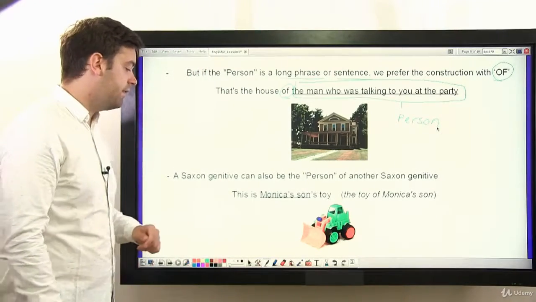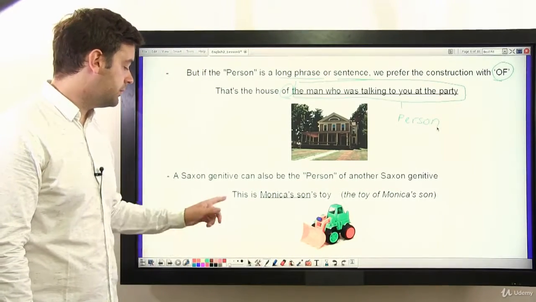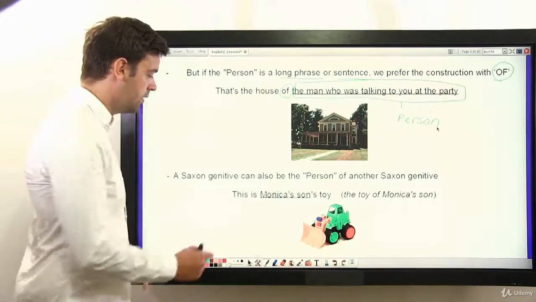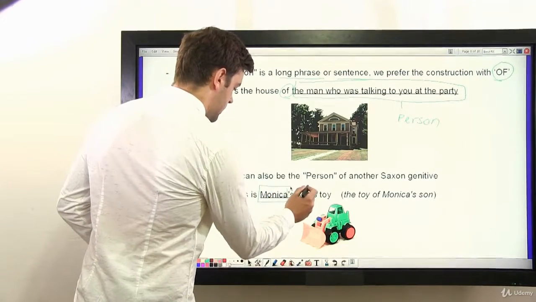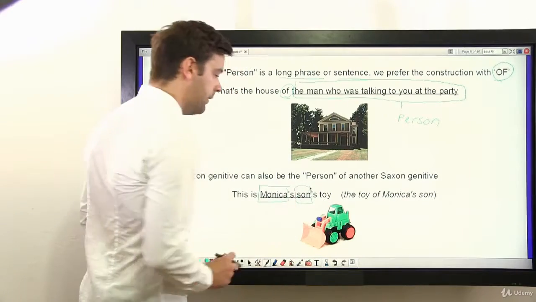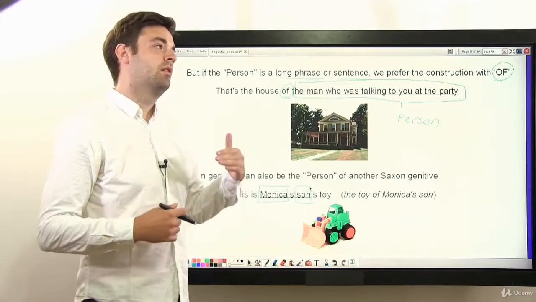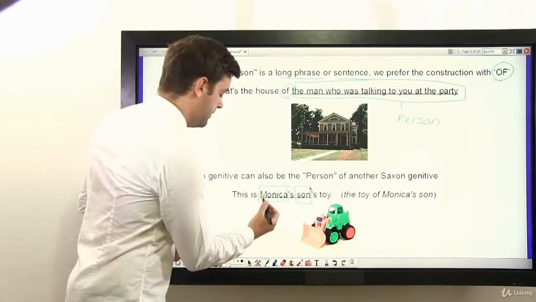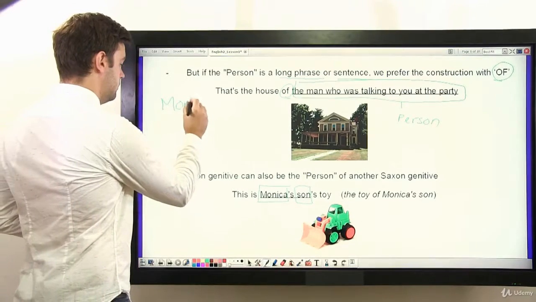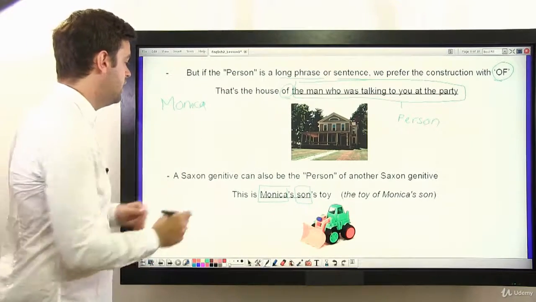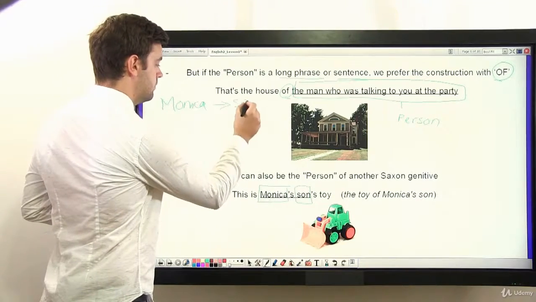A Saxon genitive can also be the person of another Saxon genitive. For example, this is Monica's son's toy. So we're talking about a person's thing, so Monica is the person here. And she has a thing, which is the son.